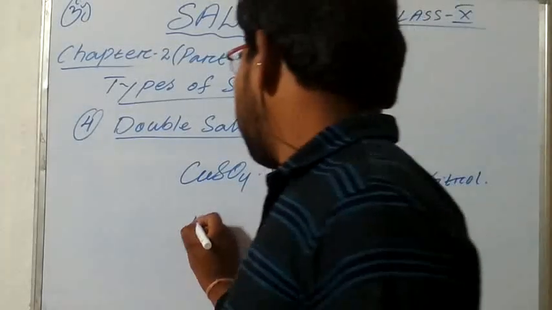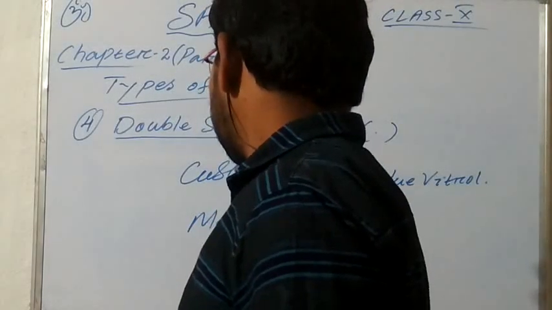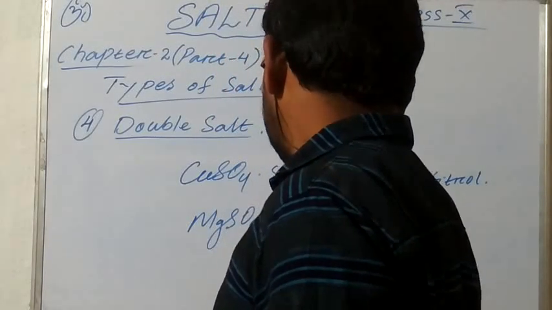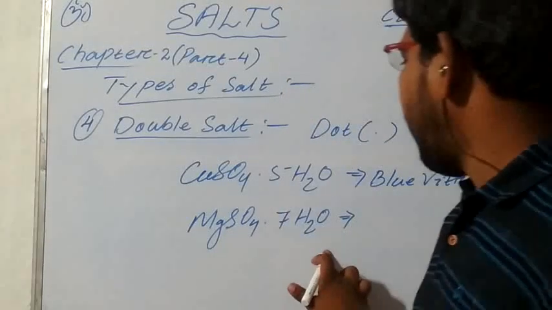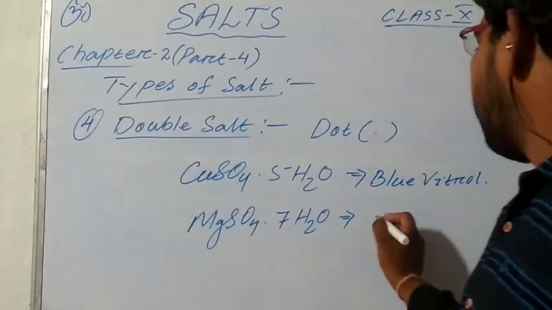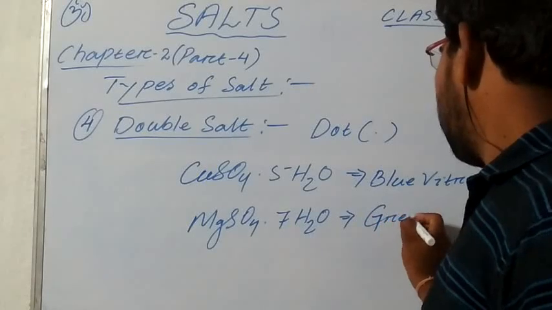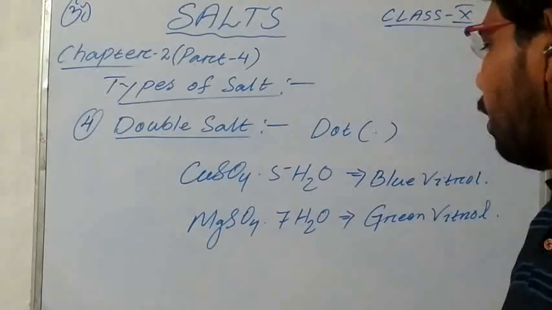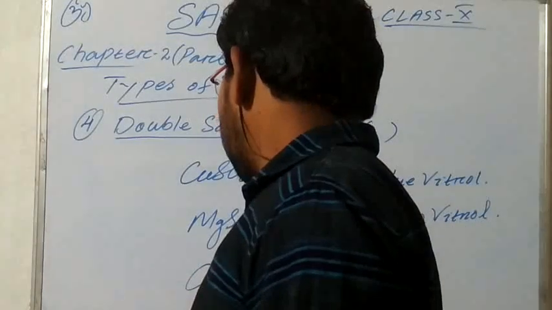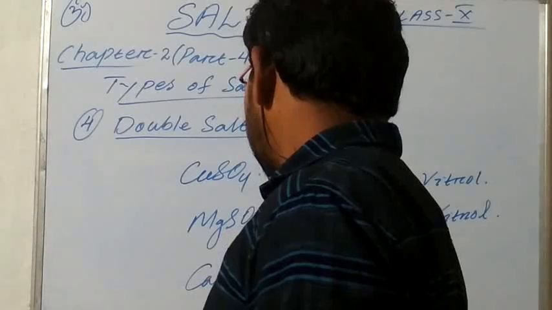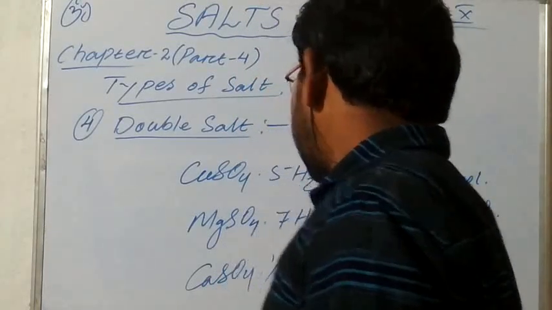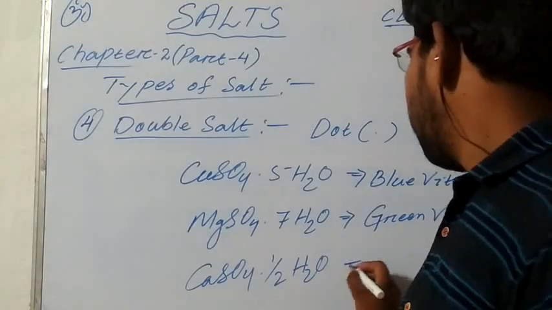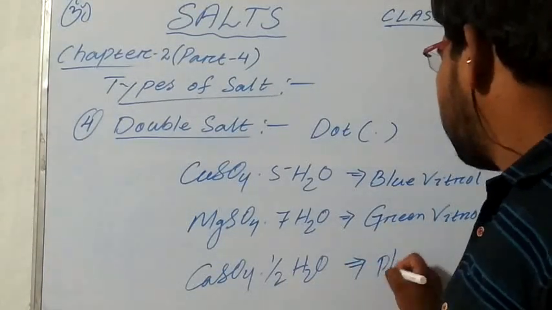Another example is MgSO4.7H2O, magnesium sulfate heptahydrate. This is known as green vitriol. Another one is CaSO4.1/2H2O, calcium sulfate hemihydrate, which is plaster of Paris.